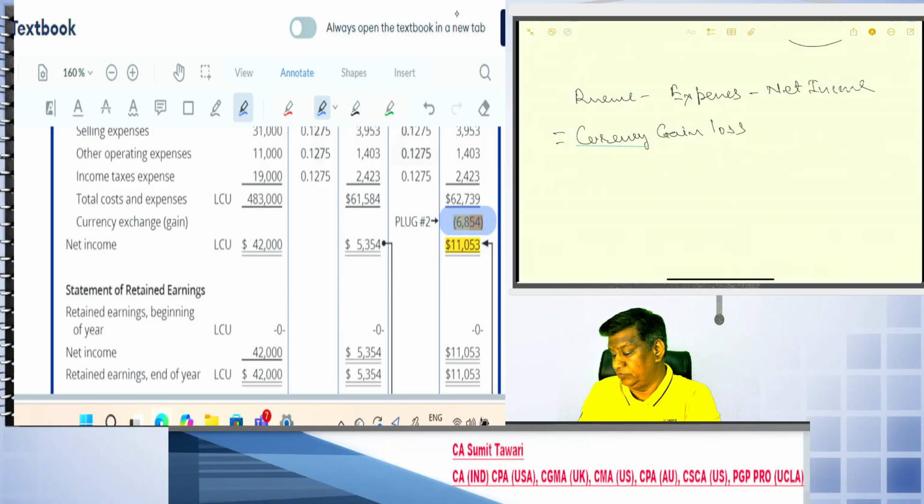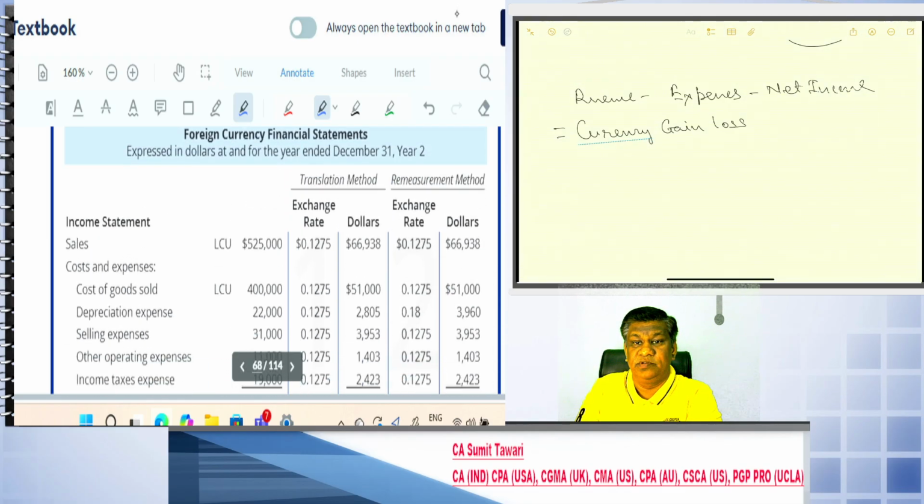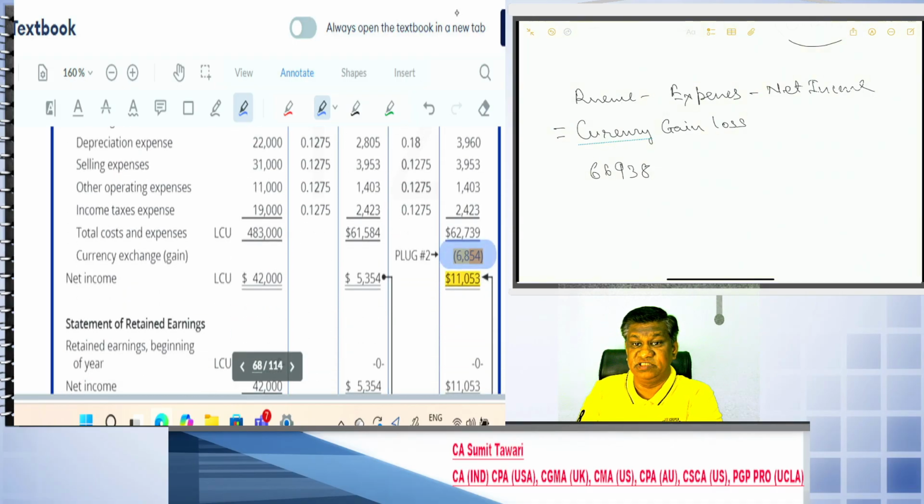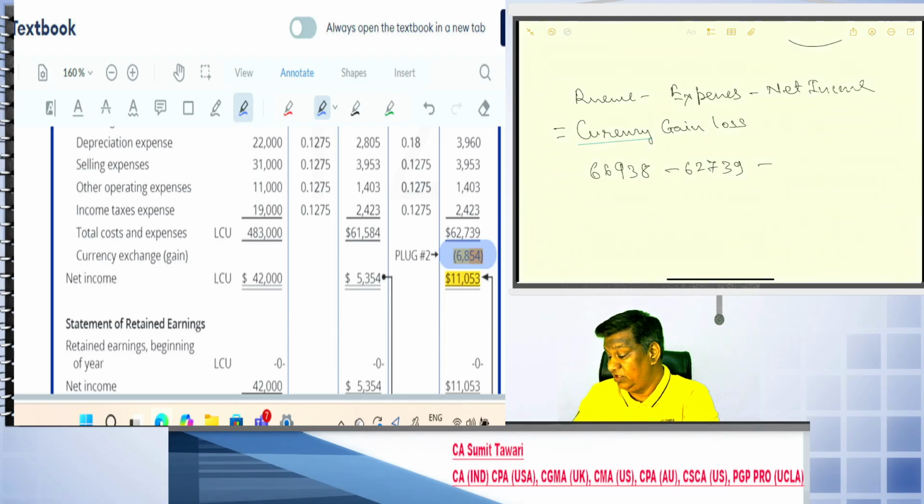So what is my revenue? Sorry, 66,938. Total expenses 62,739. I need the net income. Net income I can calculate on the basis of the difference in financials, which is 11053.